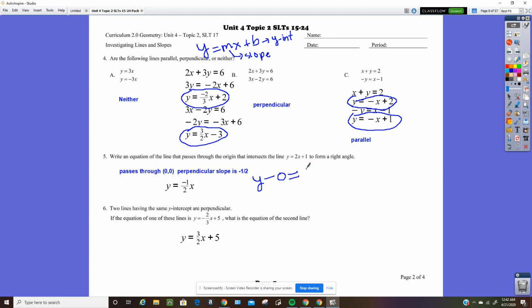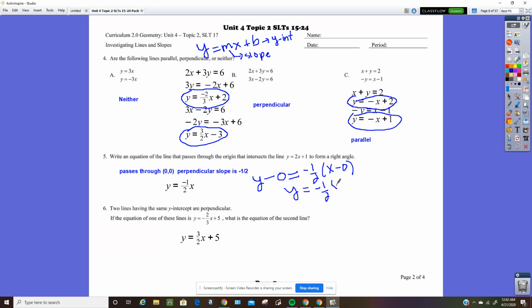So this is a point-slope formula line, and you can see that if I subtract 0 from y, I just get y, and 0 from x, I just get x.